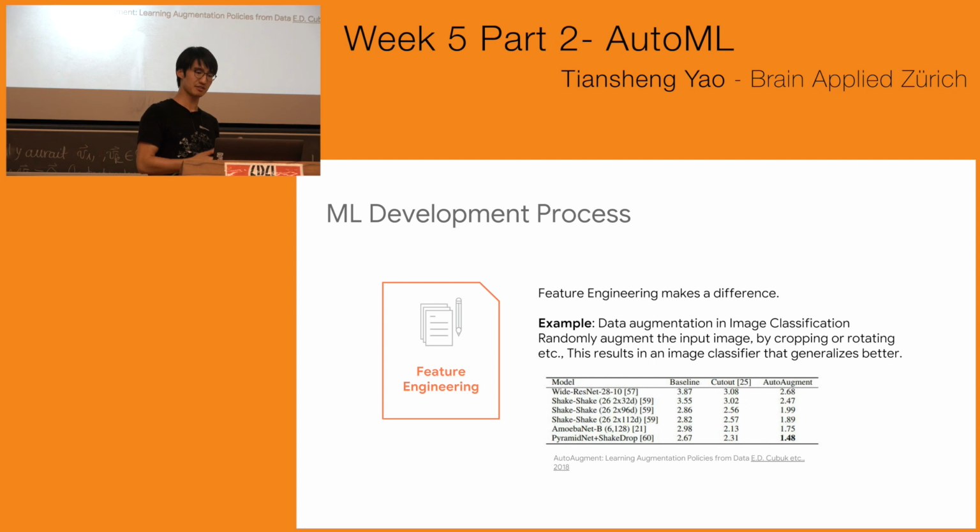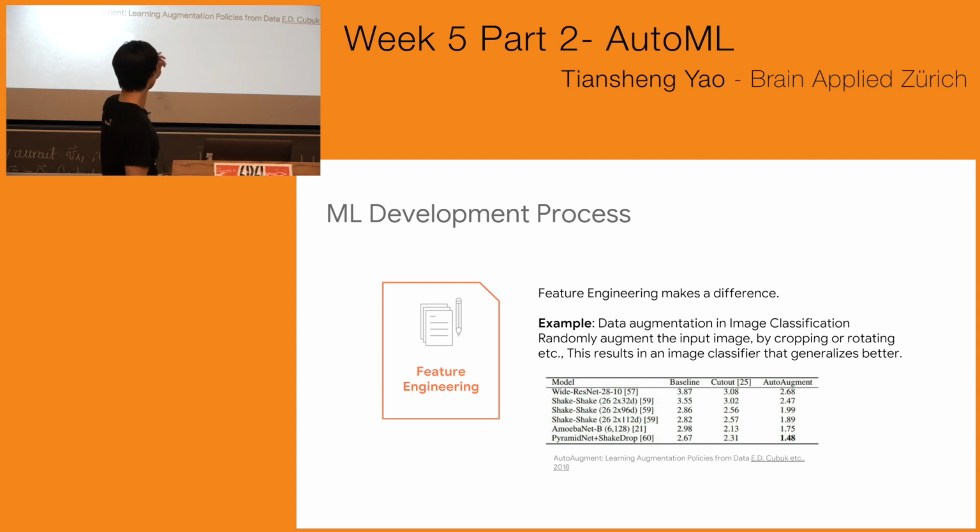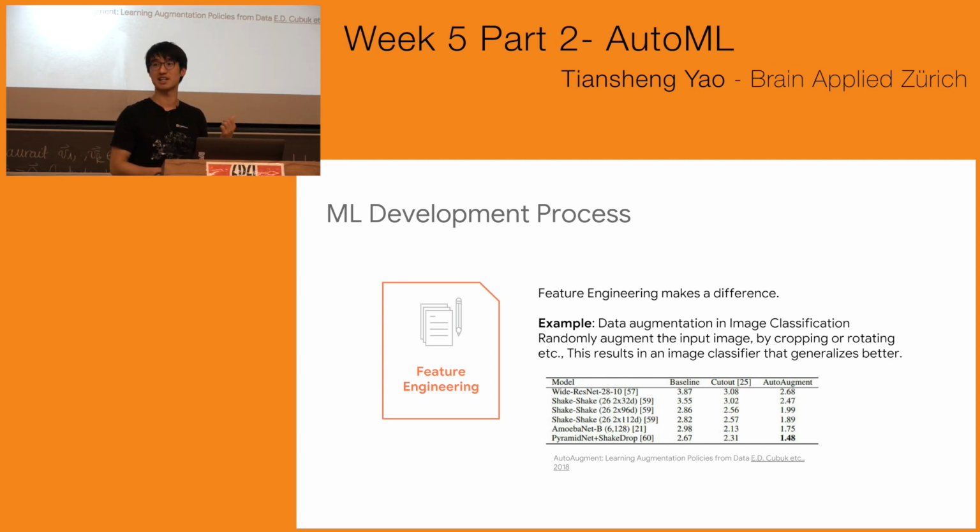People found that if you randomly augment the input image, by cropping it in the center, rotating it a little bit, or flipping the image, you can learn a much stronger image classifier that generalizes very well. For example, here in the right column are some policies people learned automatically to augment the images. You can see the error rate drops by 1%, which is pretty huge. You can already publish a paper with results like this.